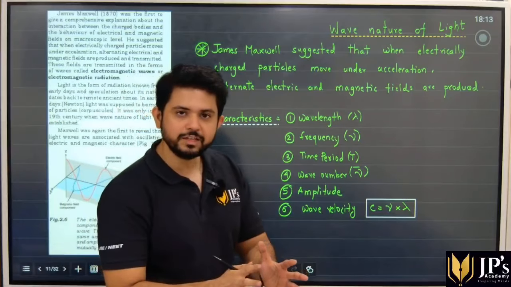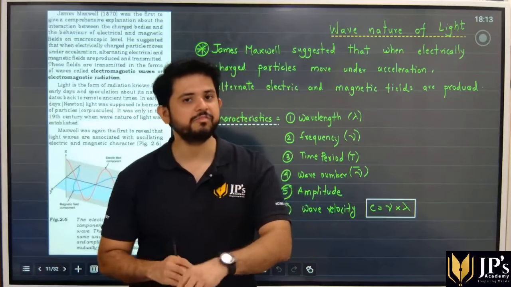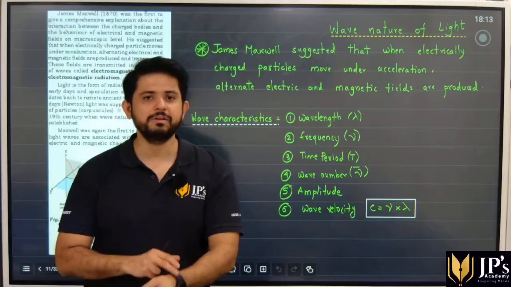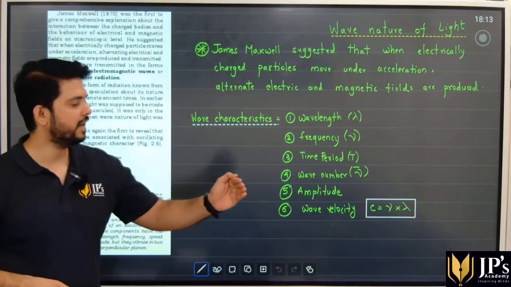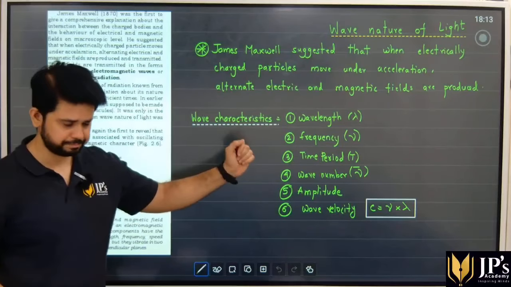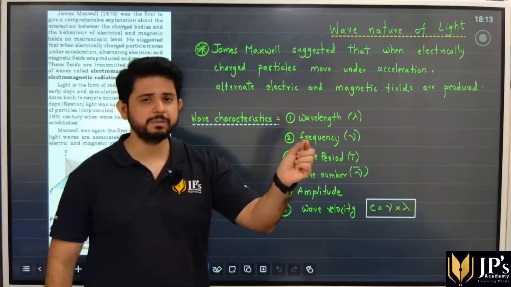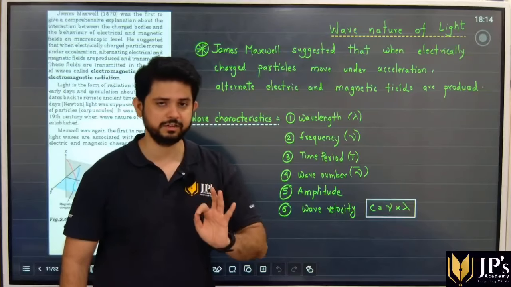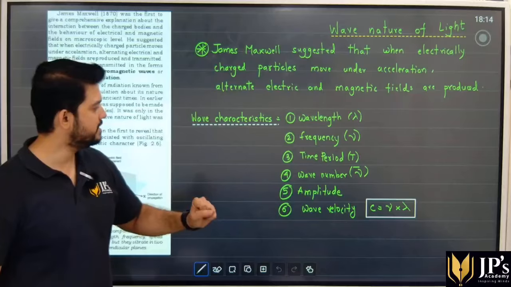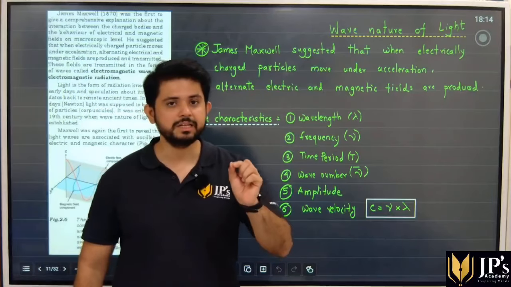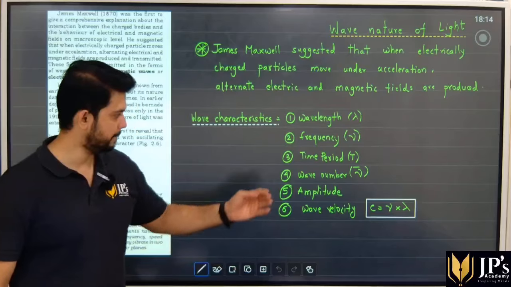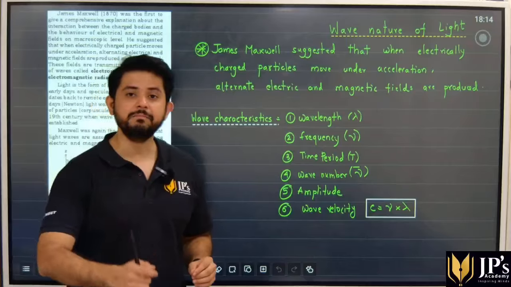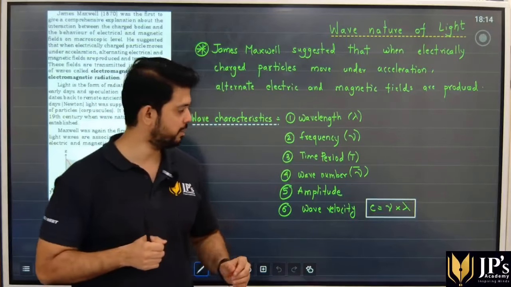Regarding the wave nature of light, students, we consider some wave characteristics. Wave characteristics include wavelength. Wavelength is the distance between two crests, two troughs, or two points in a wave. Next, we have frequency. Frequency is the number of waves per second. Time period is the time taken for the completion of one wave.